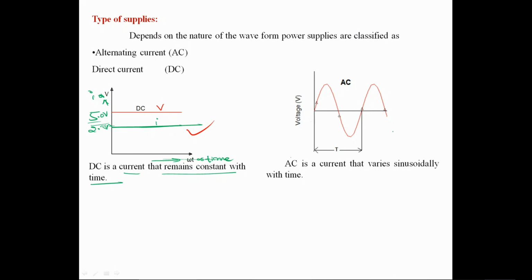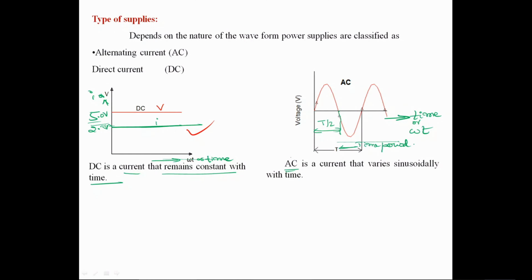Right. Then coming to the alternating current, AC. It is alternating, that is, it changes with the time. This is the time, omega t. So it changes with the time. From here to here, that is T by 2. This is the total time period.